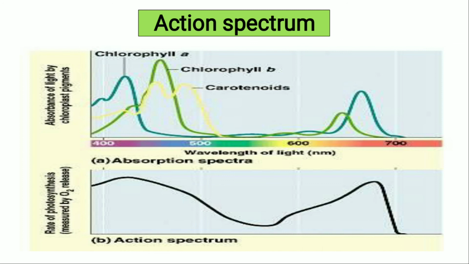The rate of photosynthesis increases in chlorophyll A, decreases again, and increases again at 700. The rate of photosynthesis increases at 460 and at 660, approximately.